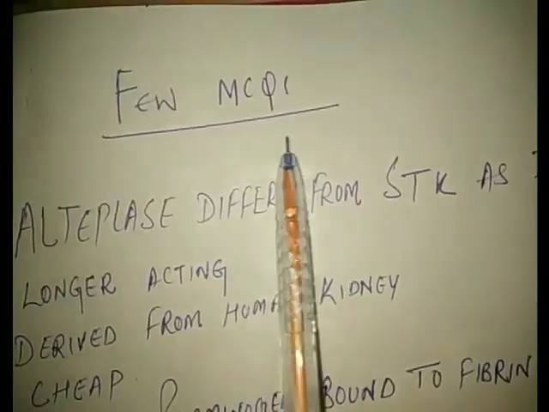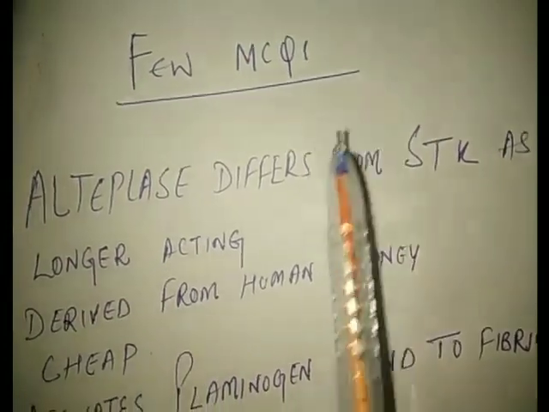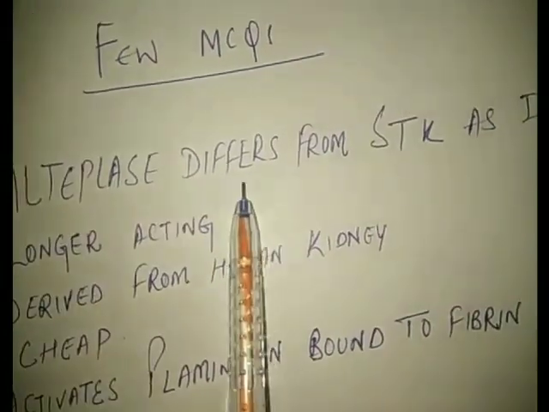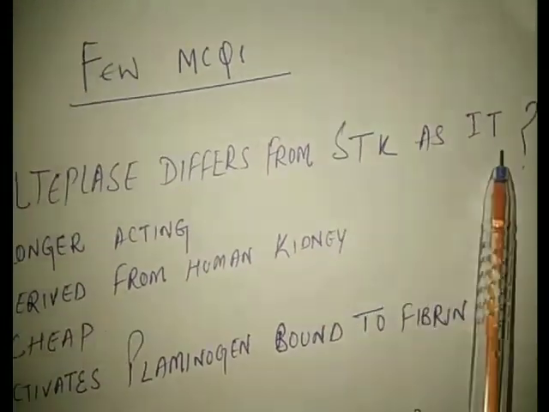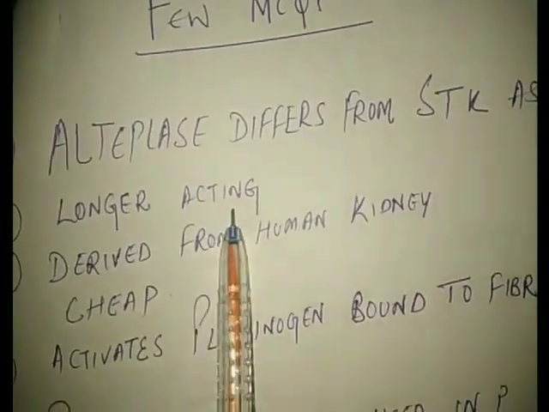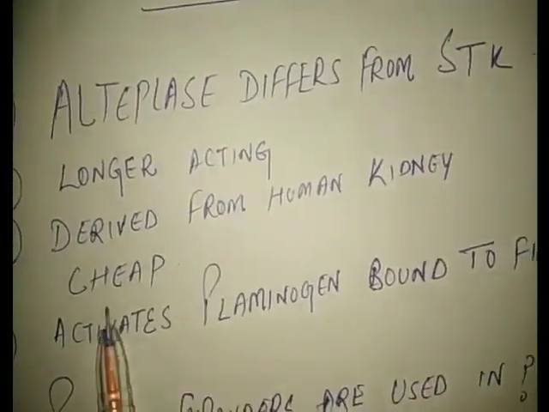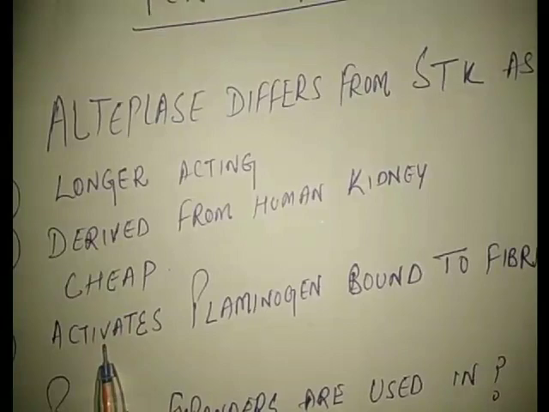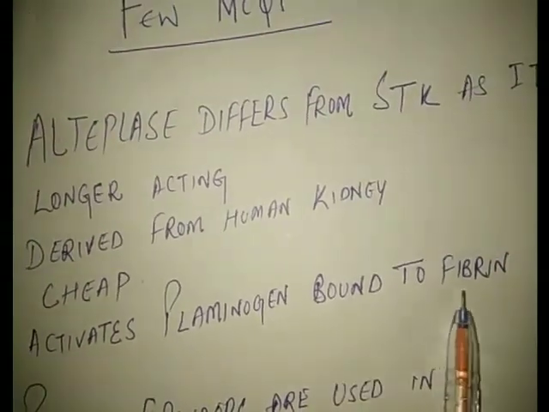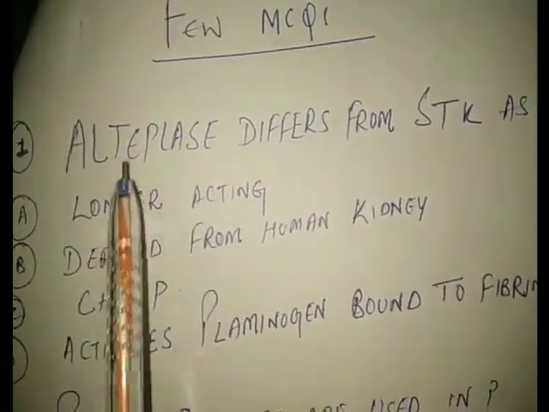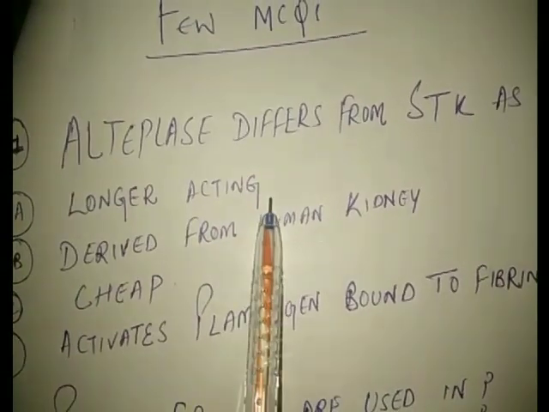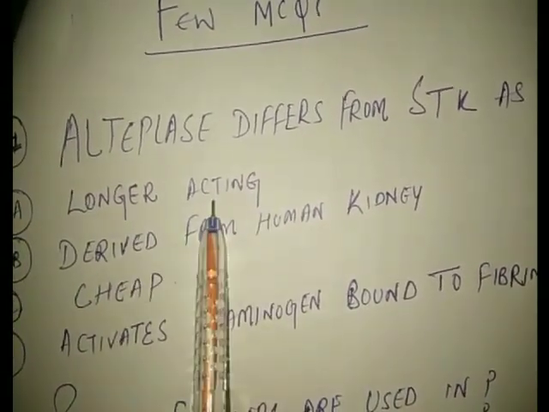Okay, now a few MCQs regarding today's topic. Alteplase differs from streptokinase as it is longer acting, derived from the human kidney, cheap, activates the plasminogen bound to the fibrin. As I already told you, alteplase is shorter acting, not longer acting.